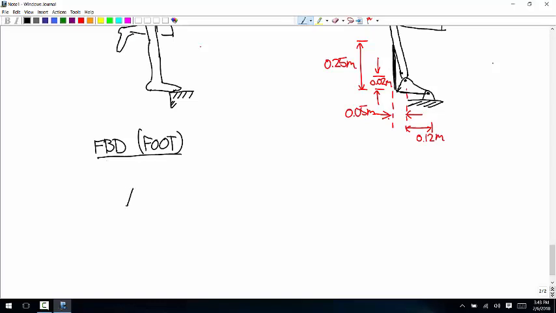Okay, so the foot looks something like that. There is a force vector here because it's a pin joint, and I'll call that RT for toes. There's a force vector here that I'll call the force on the foot by the body.